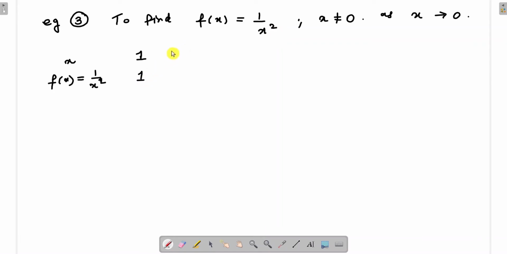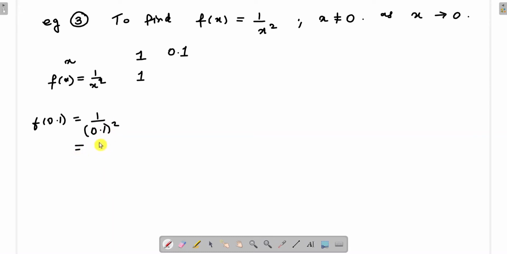If we look at 0.1, now what we have to do is take x values which are very close to 0. So here I am taking x as 0.1. So what we will get? We will get f of 0.1 is equal to 1 by 0.1 the whole square.